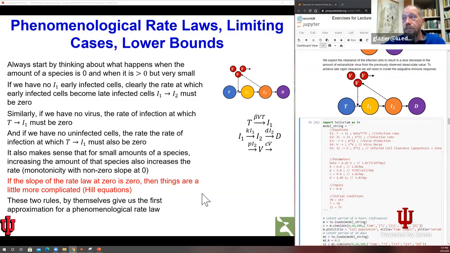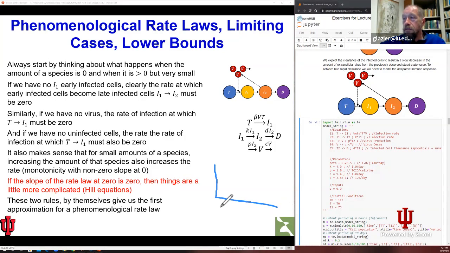But typically what we're going to find is that either we have something that looks like this at 0. Sorry, that's supposed to be a straight line. It's not a very good straight line. Or we have something that looks like this at 0.